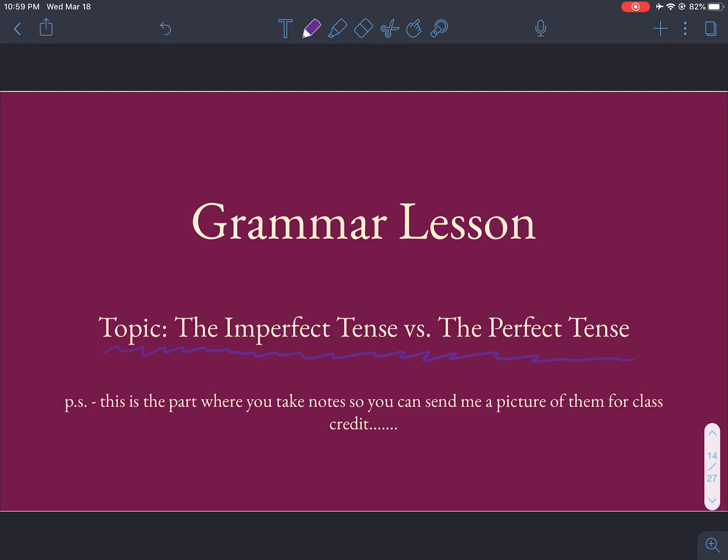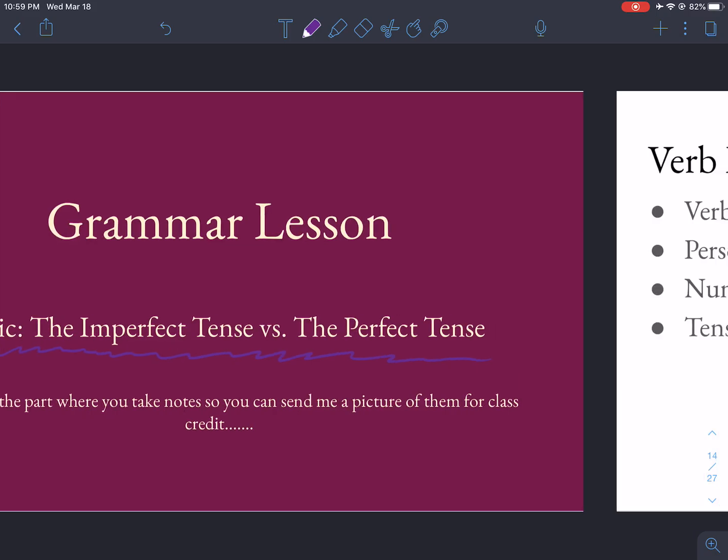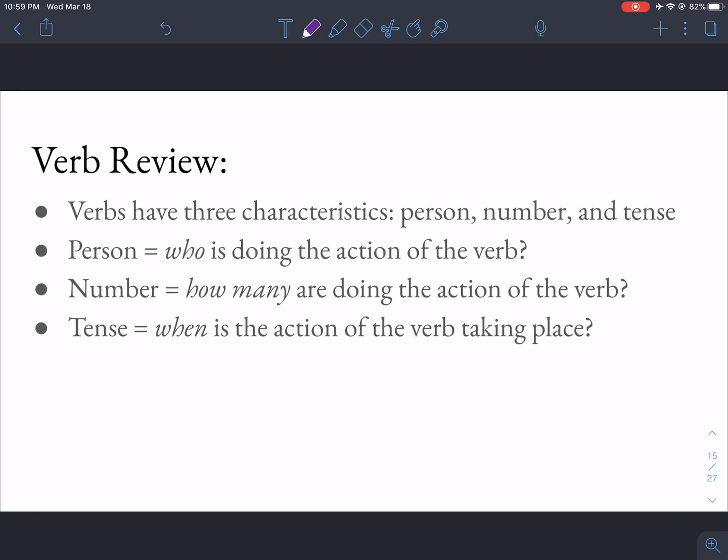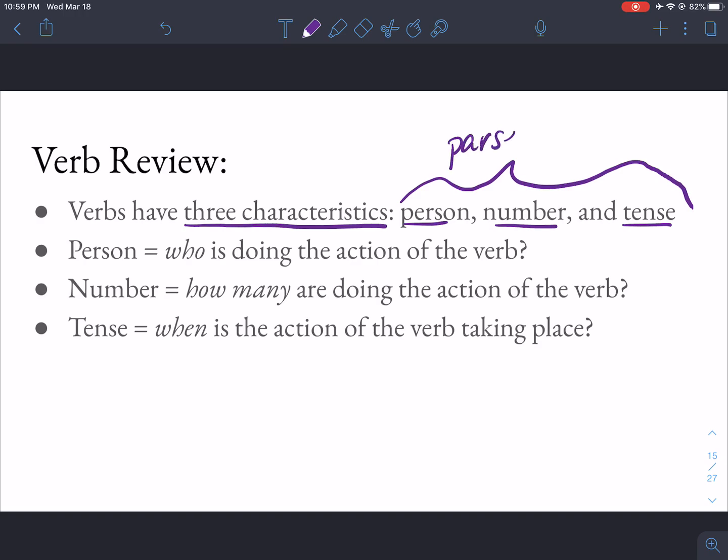So we're going to move right along here with a little verb review. First things first: verbs have three characteristics, and they are person, number, and tense. If I ever ask you for those three characteristics, I am asking you to parse the verb for me, always. So verbs: person, number, tense; nouns: gender, number, case. Person simply asks who is doing the action of the verb.